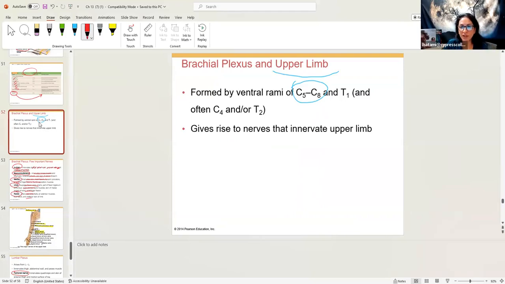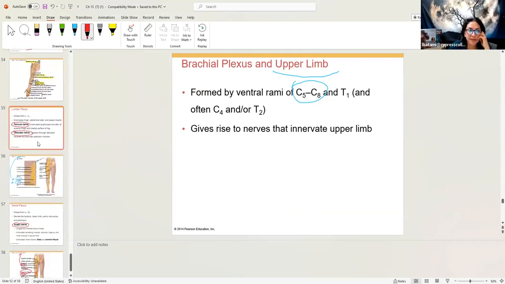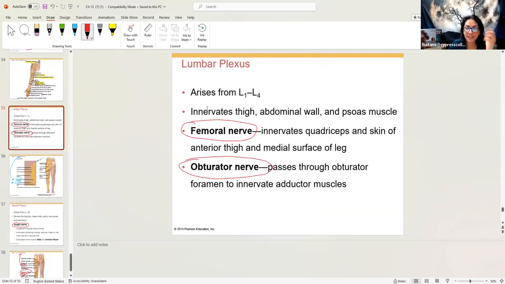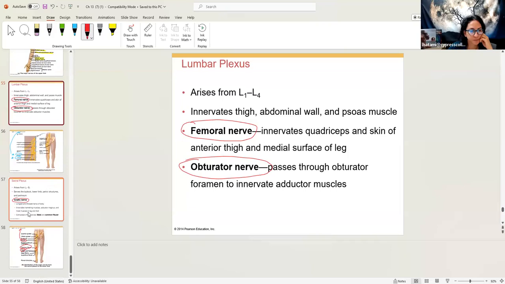But as you can see here, we still have T1 and a little from C4, which are going to send some branches for the brachial plexus, but mostly C5 to C8. And you can see that, yes, for the lumbar plexus, we have L1 to L4. And also for the sacral plexus, we have L4 to S4. Yes, they can send these branches to both lumbar and sacral plexus.